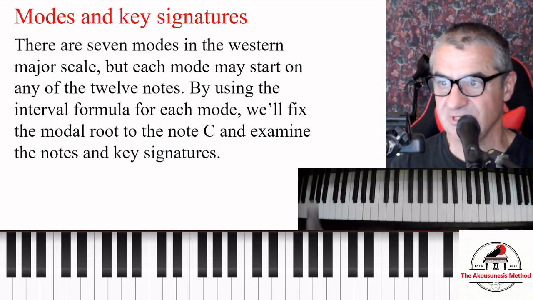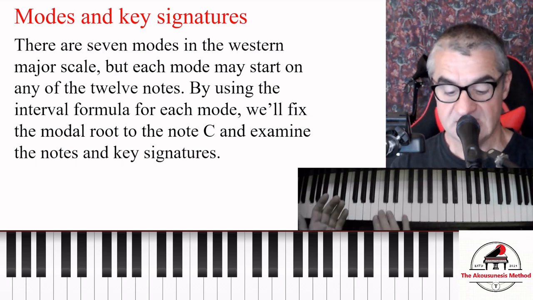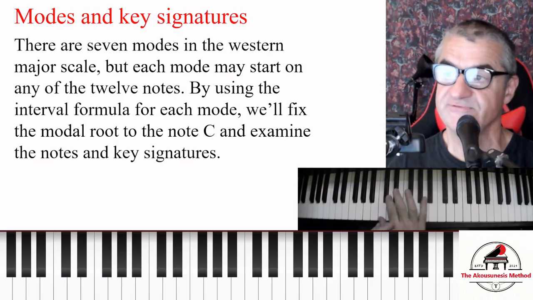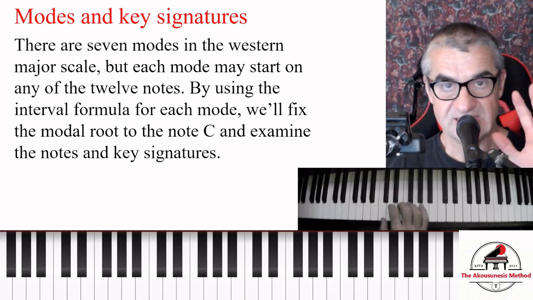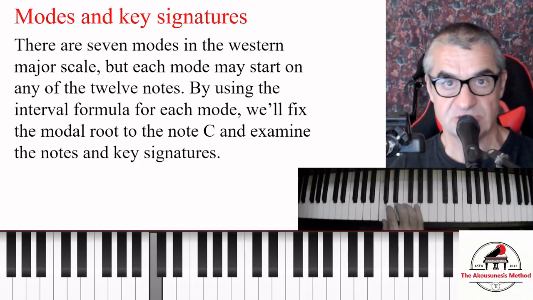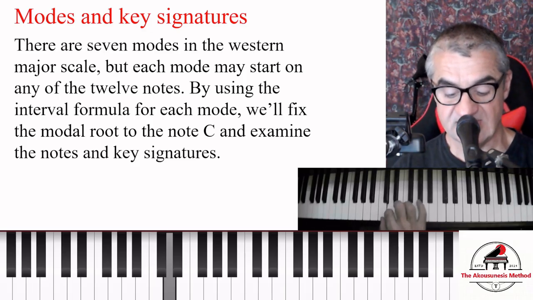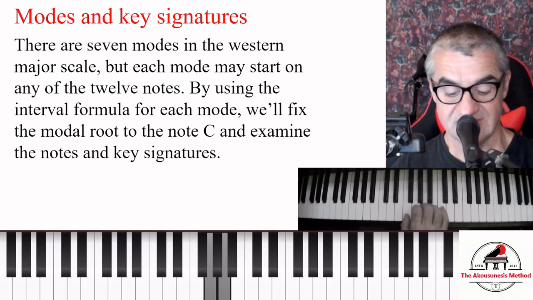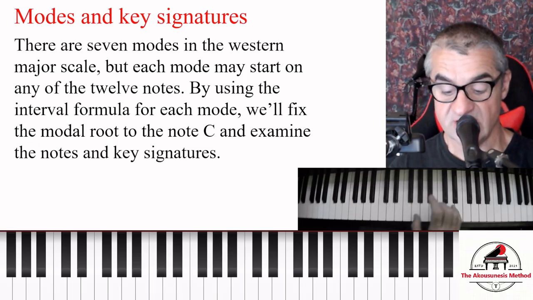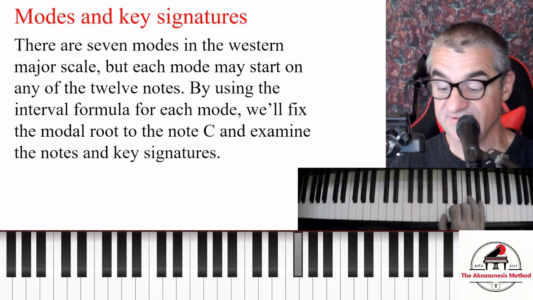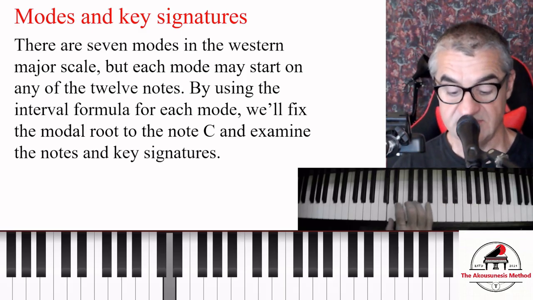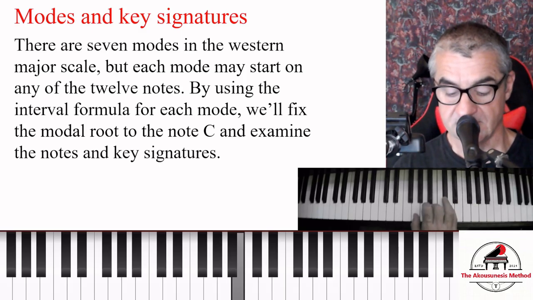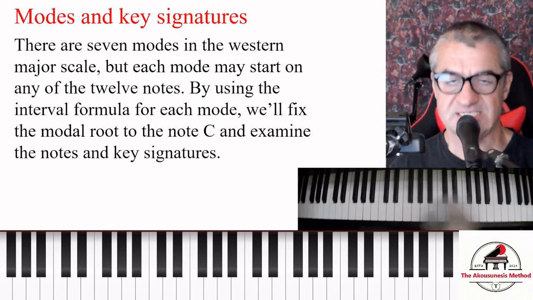So there are 7 modes in the Western major scale, as we saw. Each of those modes exists in 12 keys. The Ionian exists in 12 keys: there's Ionian in C, Ionian in G as we go around the circle of fifths, Ionian in D, and so forth.